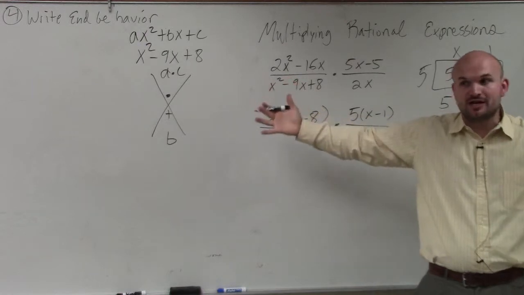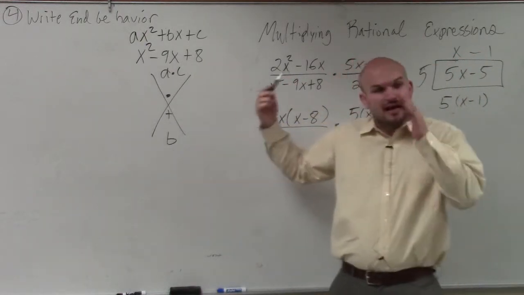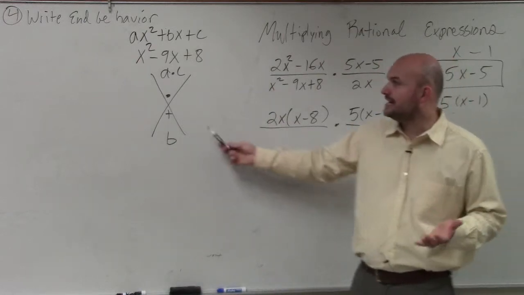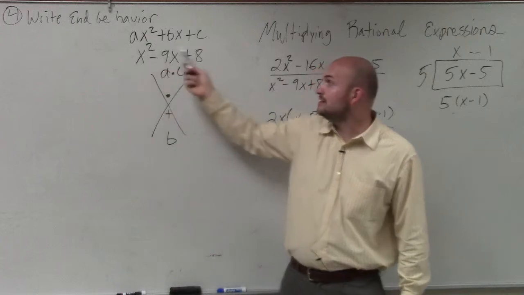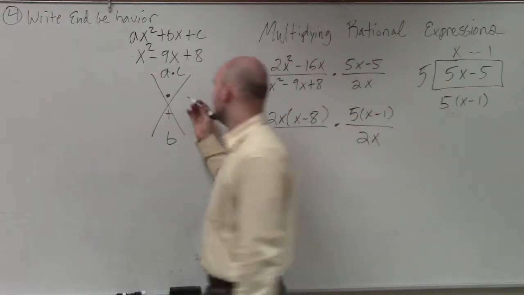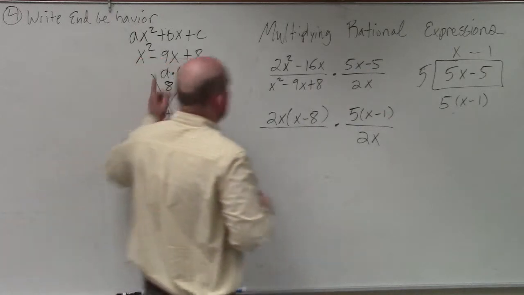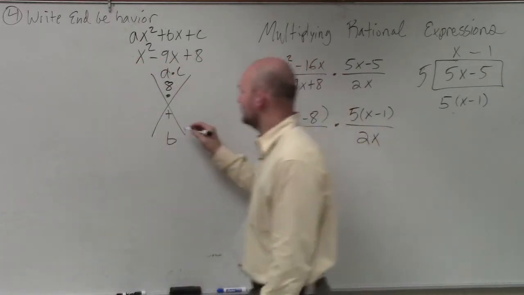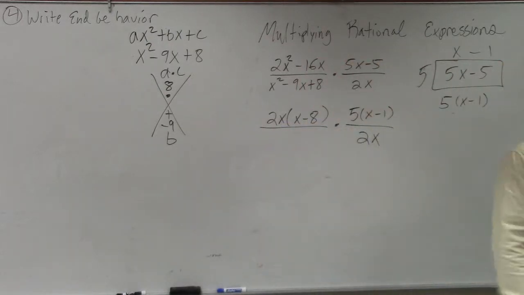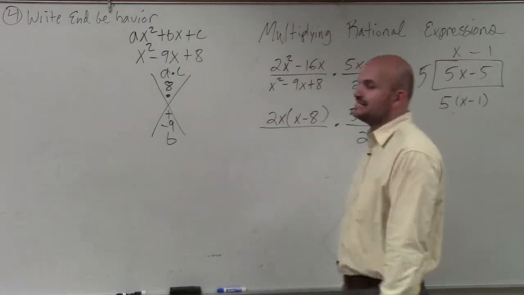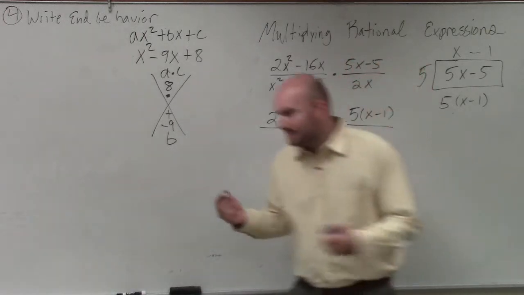Anytime you have a trinomial that you're trying to factor, you can always set it up with A times C and B. Now what's nice about this one is A, in this case, is 1. So my C is just 8. So I write 8. And then my B is negative 9. So now I need to determine what two numbers multiply to give me positive 8 and add to give me negative 9. Negative 8 and negative 1.